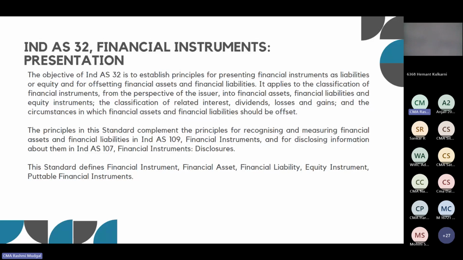It applies to the classification of financial instruments, from the perspective of the issuer, into financial asset, financial liability and equity instrument. So I am buying an asset, but I am giving them an equity share. The classification is related to interest, dividends, losses and gains, and the circumstances in which financial assets and financial liabilities should be offset together.